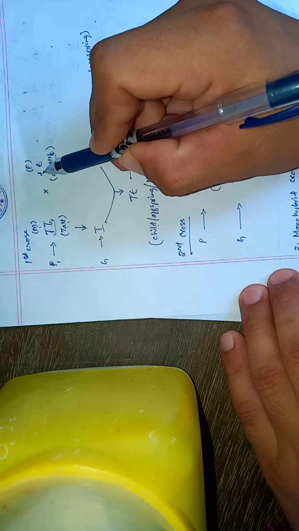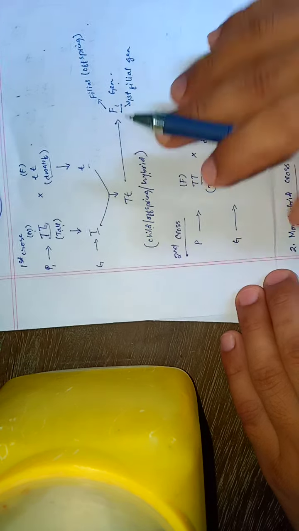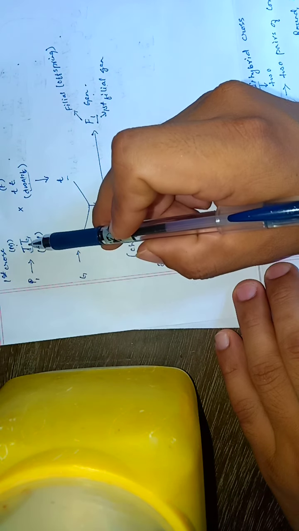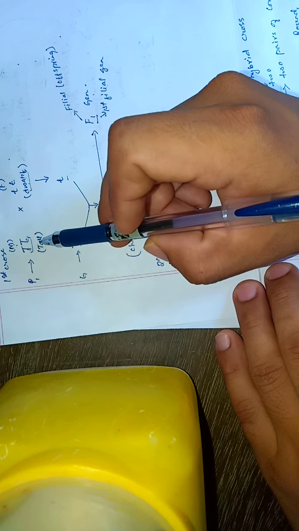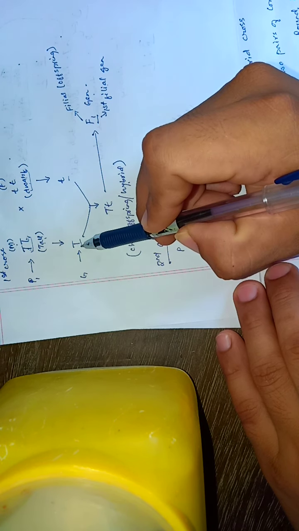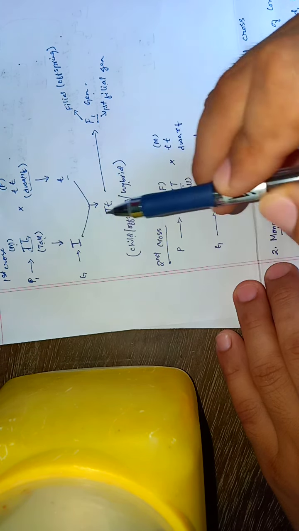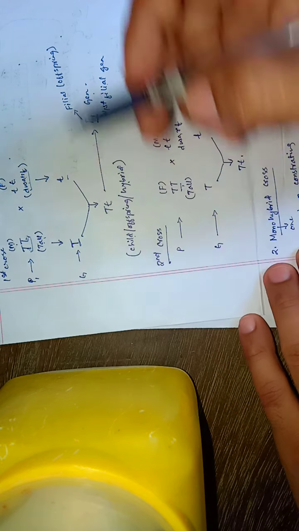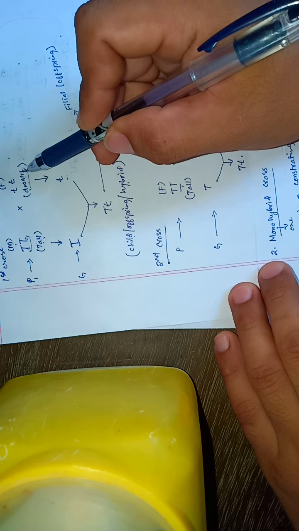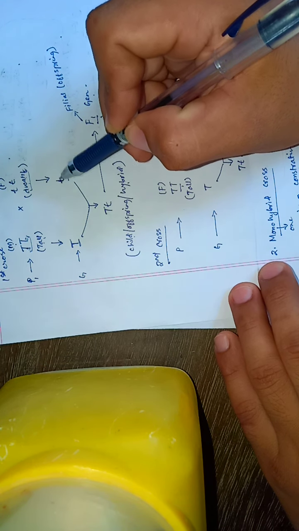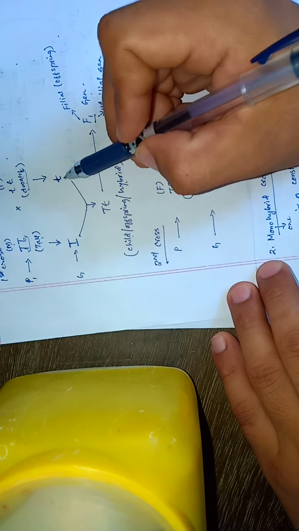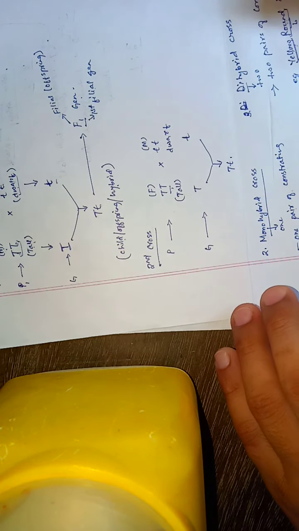So the dwarf character is represented by small t. Now the male gives capital T, that is tall, and the female dwarf gives small t, that is dwarf height.